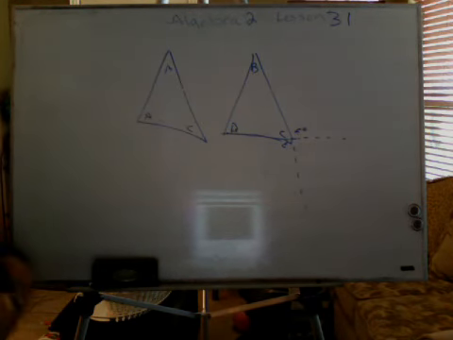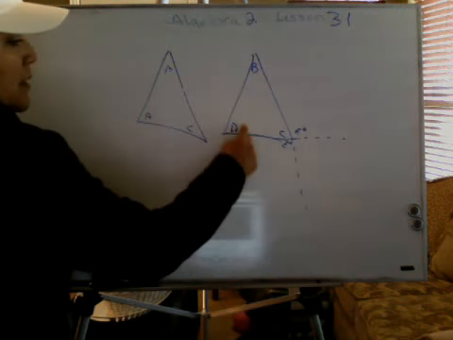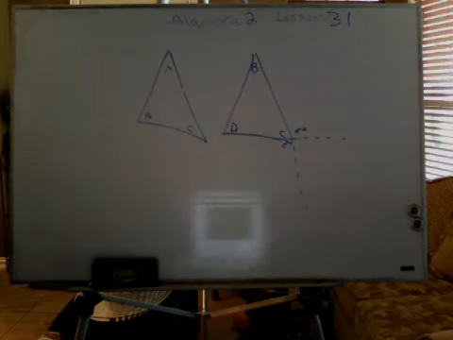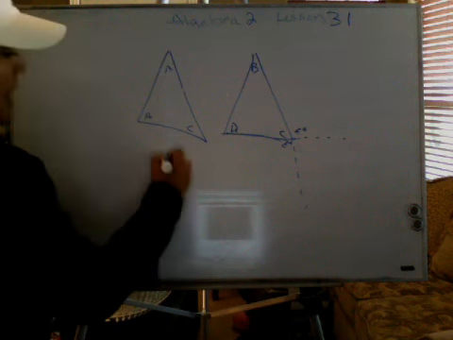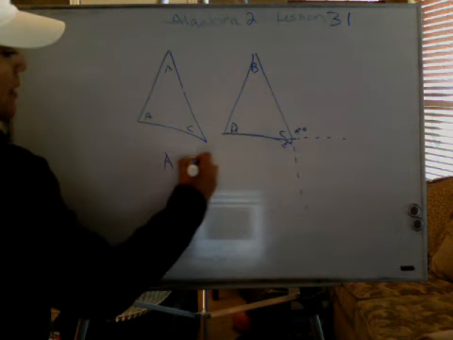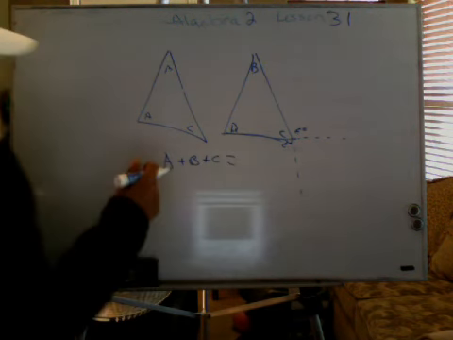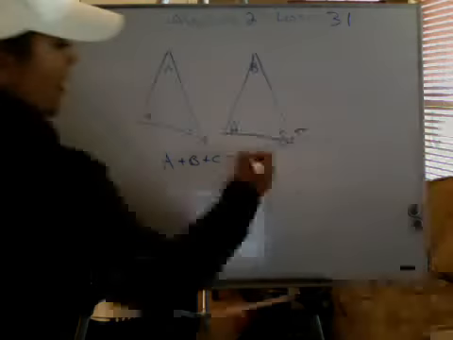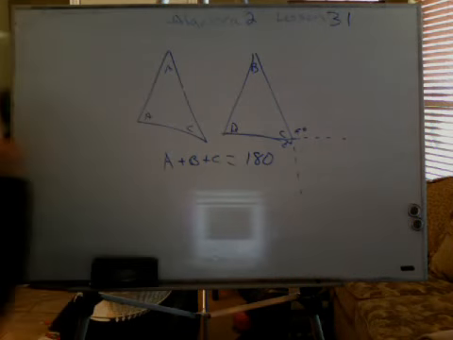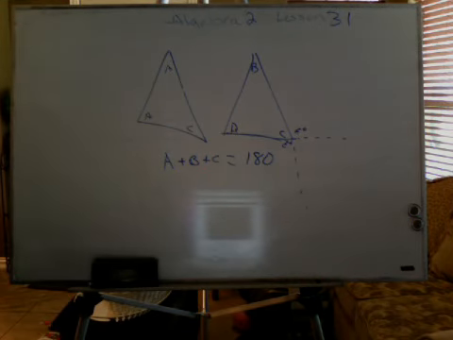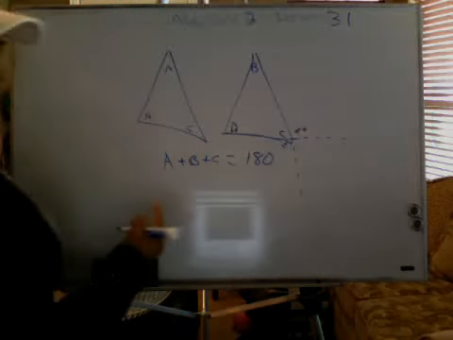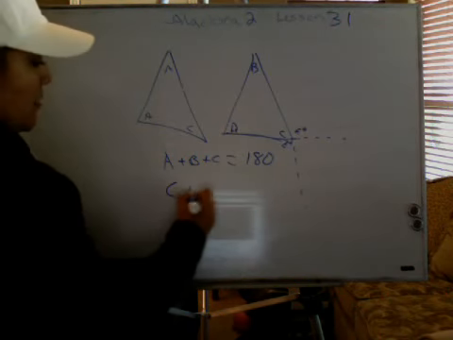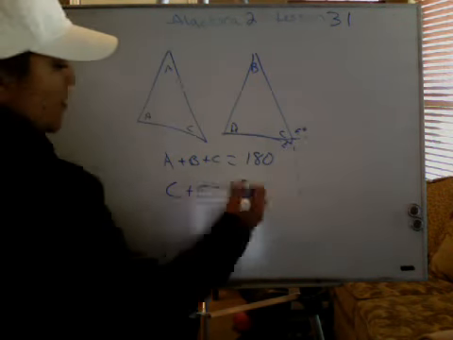What do we know about a triangle? This plus this is 180. So we're going to prove it. We're going to say A plus B plus C equals 180 degrees. And we also know that C and E make a straight line, and we know C plus E equals 180.